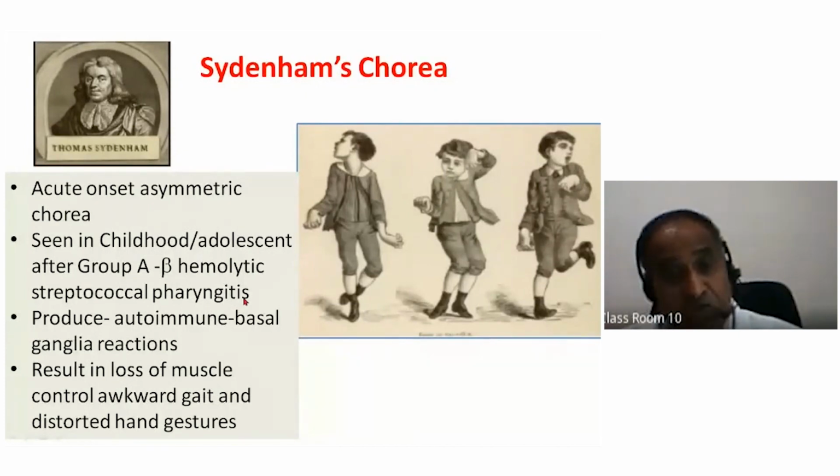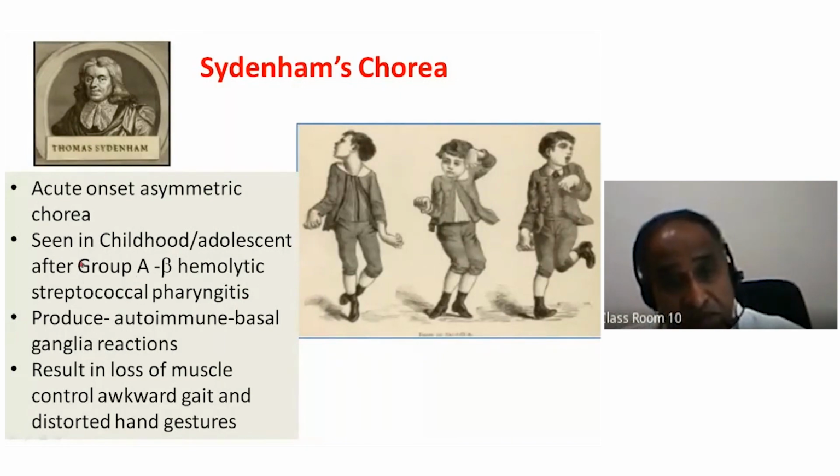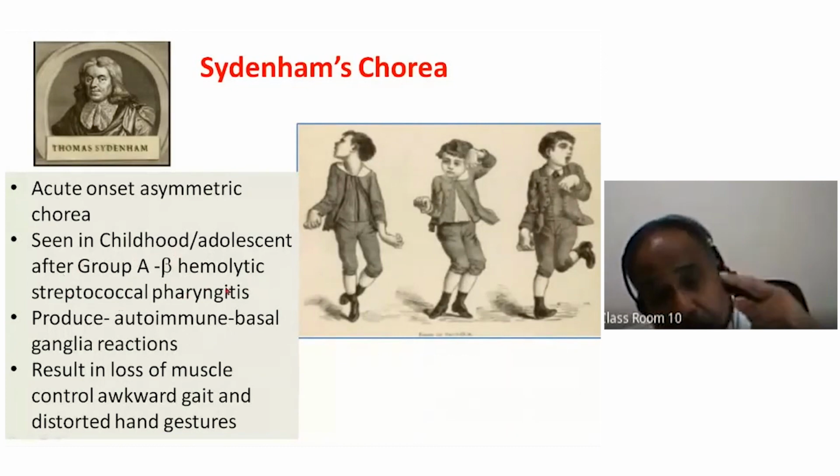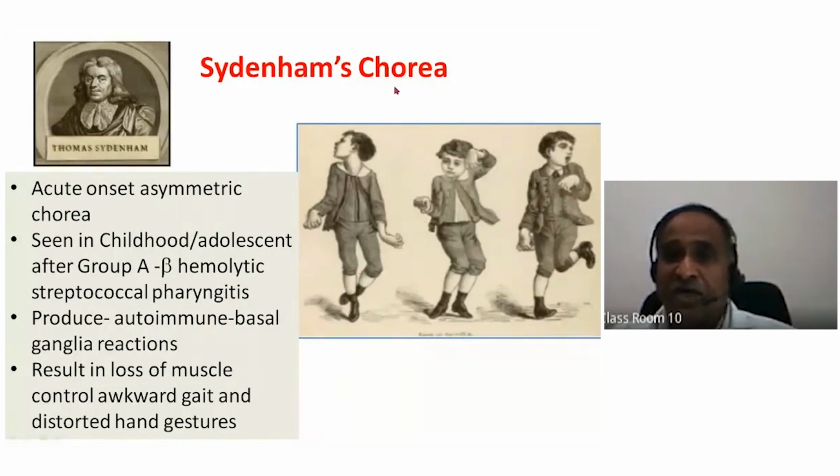These also produce membrane changes in the renal glomerulus. That means this particular group A beta hemolytic streptococcus produces an autoimmune reaction. Because of the autoimmune reaction, the basal ganglia reactions take place, and he will have all the choreatic movements.